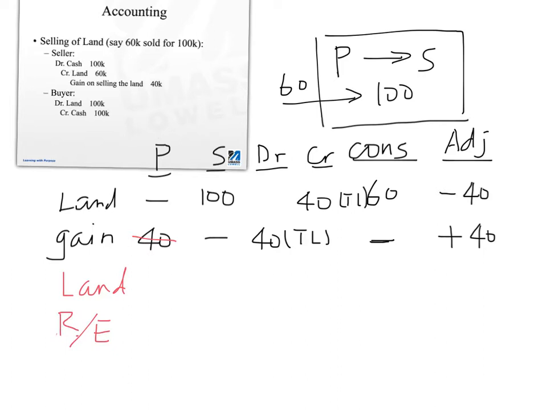So the land is not on the parent's book, it's on the sub's book. Consolidated should be 60. And the retained earnings, the parent has this because it's the seller, so the parent's retained earnings has the 40. However, from the group's point of view, there is no gain there, right? So we should see this is the book.